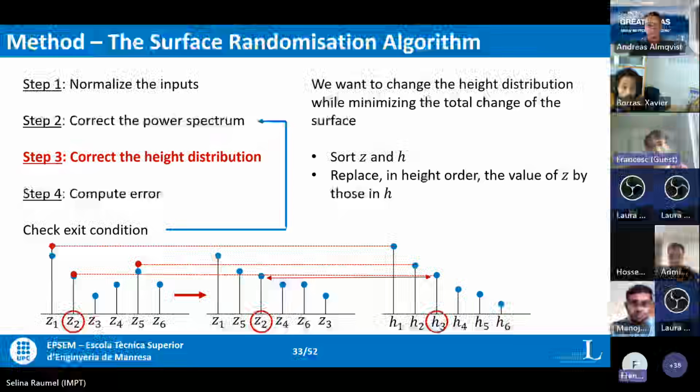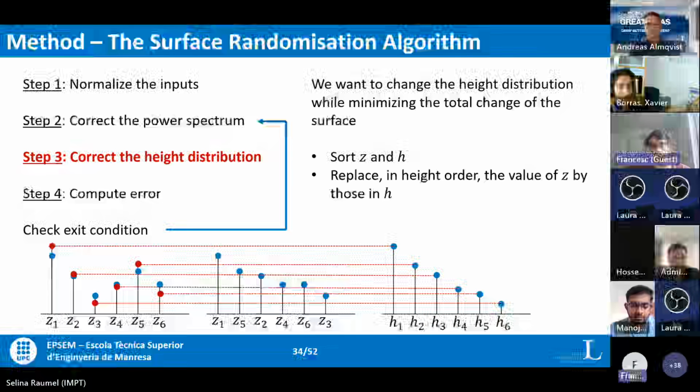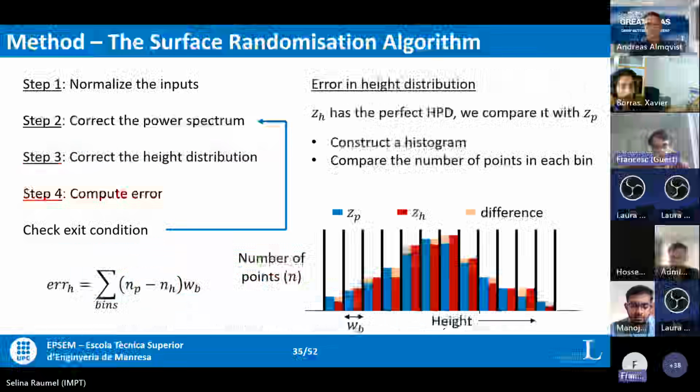Basically, if we have ZH with the perfect height distribution and ZP with the right power spectrum but the wrong height distribution, what we can do is construct a histogram of both by dividing the height in some bins and counting how many points fall in each bin. Therefore we can study the difference between these two histograms, and we add all these differences together, and that's what we call the error in H.